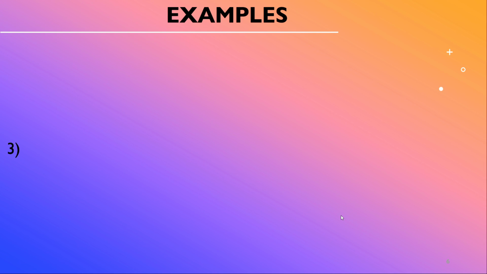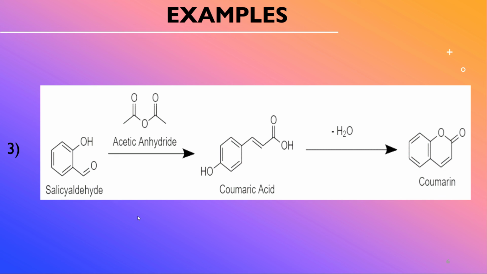Now take the third example, that is when we synthesize coumarin from salicylaldehyde. Salicylaldehyde is an aromatic aldehyde, again reacting with acetic anhydride. It will firstly form the alpha beta unsaturated acid, that is coumaric acid, which after dehydration forms coumarin.